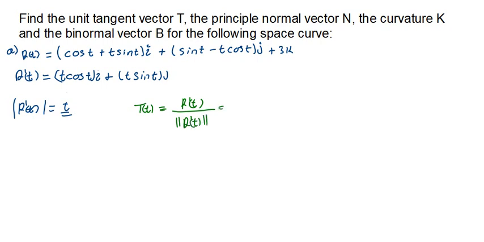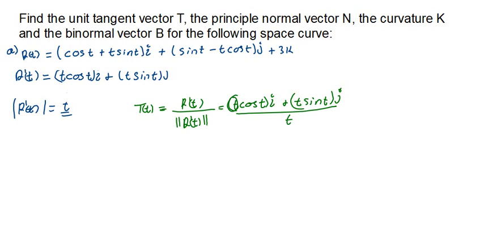So we write it as t cos t in the i plus t sin t in the j, divided by t. But we observe that we are able to factor out the t there.